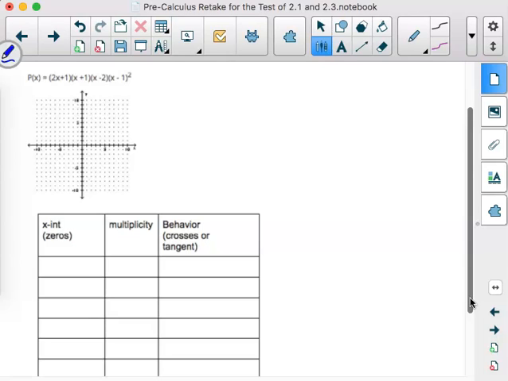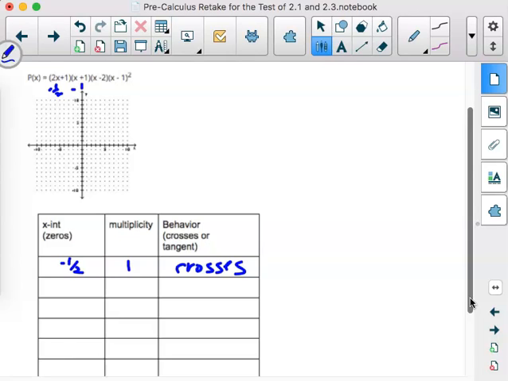So for 2x plus 1, our zero would be negative 1/2. And when it has a first power, when it's linear, we don't say it has multiplicity. But if you wrote down 1, I didn't take off for that. And because that is an odd number for multiplicity, it's going to cross.